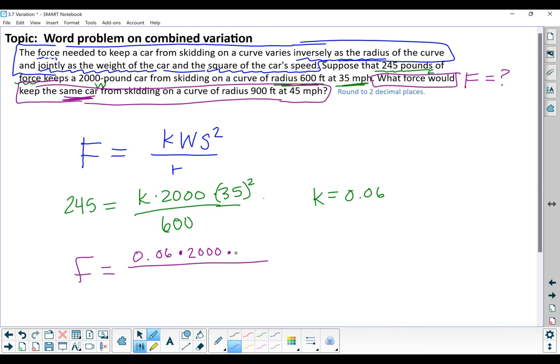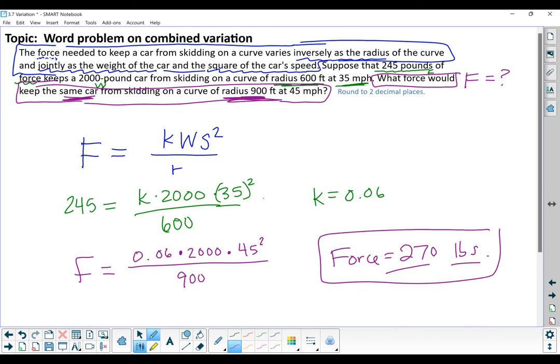And then our speed is now 45, so that's a 45 squared. And then the radius of this new turn is 900 feet. So we just need to substitute all of those things that we know in. We can crunch that into our calculator, and we get that the force is 270 pounds. And that is our final answer.